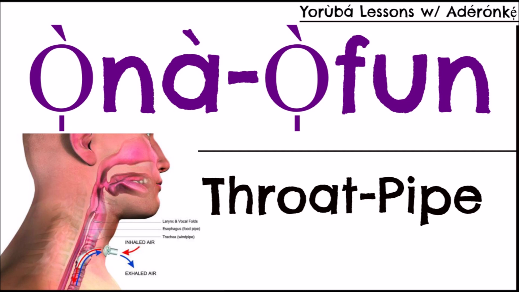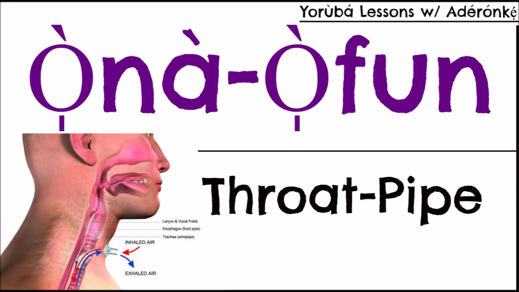Onofun is the throat pipe. Now there are two kinds, I believe. One is for breathing, I'm not sure, and the other is for passing down food and water. But I'm not certain.